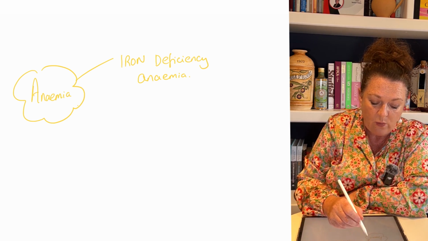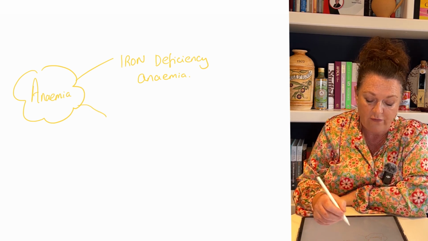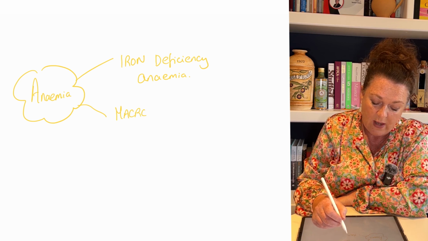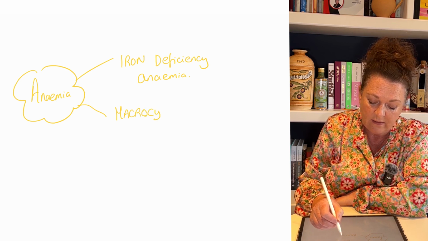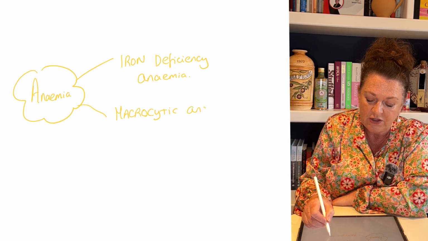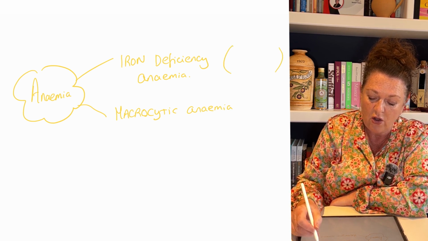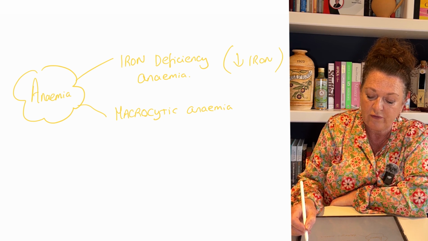Then we have a second type of anemia, and it's called macrocytic anemia. And macrocytic anemia is due to a lack of 2 different B vitamins.